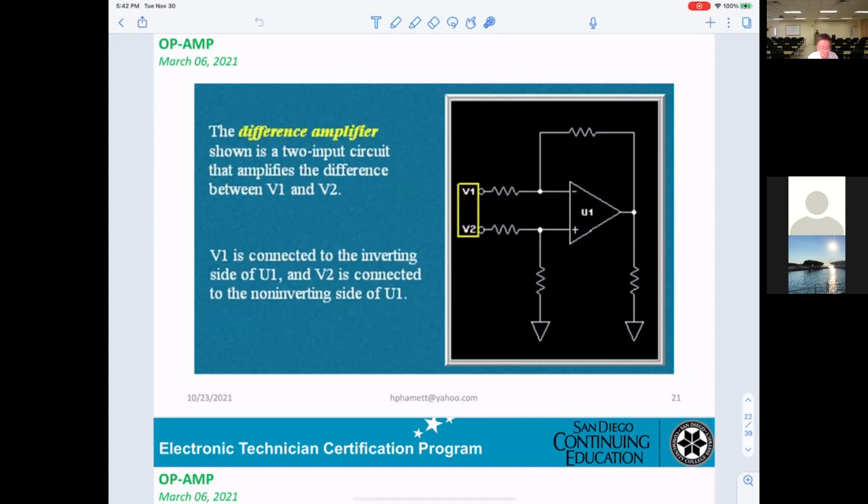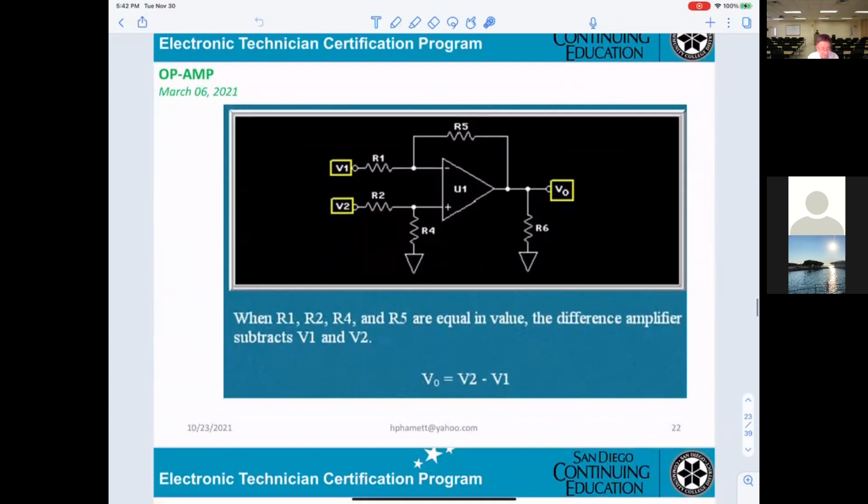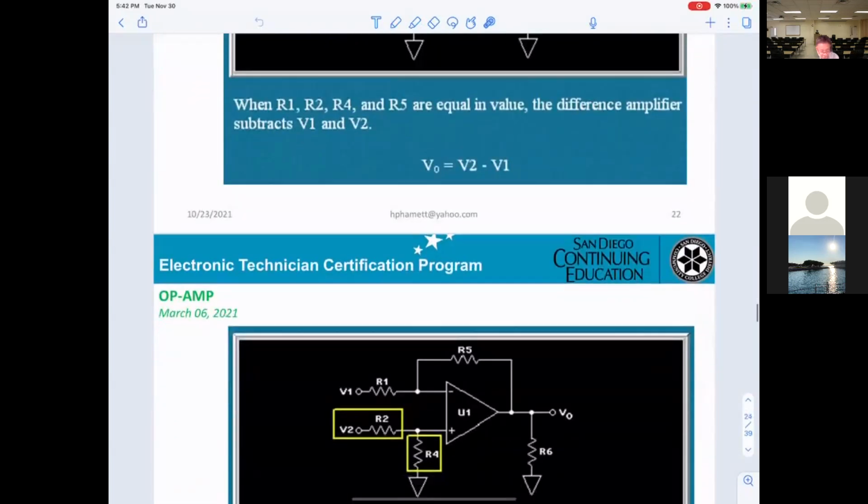That's what they call a differential amplifier. We already told you for this circuitry R1, R2, R4, R5, the same value. Then the differential amplifier with inputs V1, V2, Vout will be V2 minus V1.